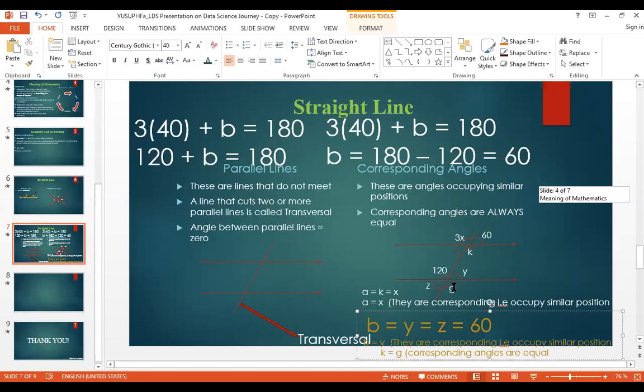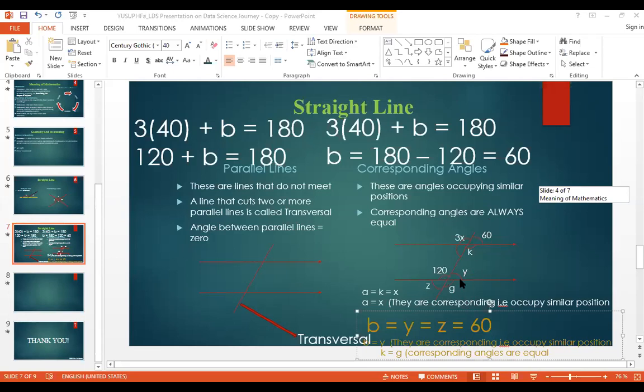And another thing is y plus g is equals to 180. Moreover, there's what we call vertically opposite angles. Welcome, David. So y is equals to 60 because they are corresponding angles. They occupy similar positions.